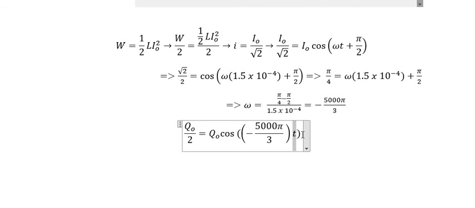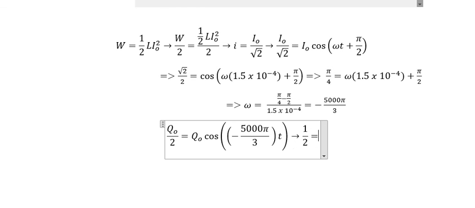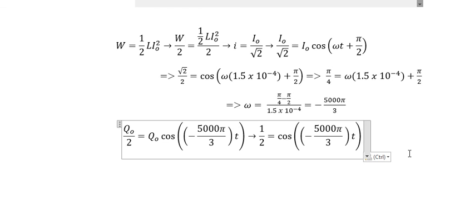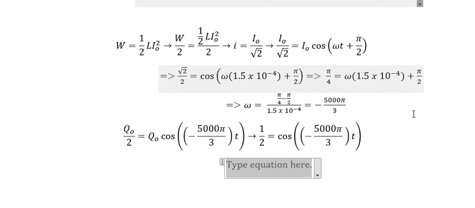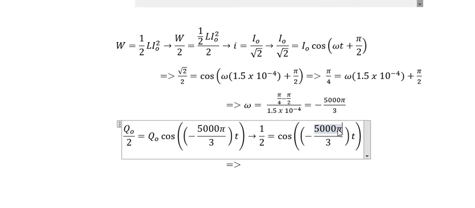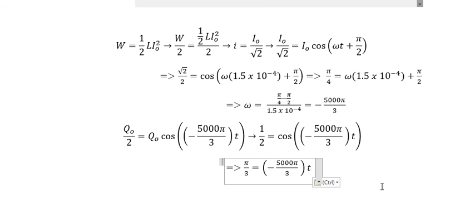So we find the little t. So Q naught, we get 1 over 2 equal to this one. Now we can find the t. That is pi over 3 equals this number. So we find the t.